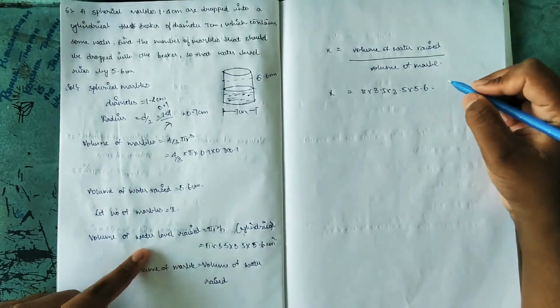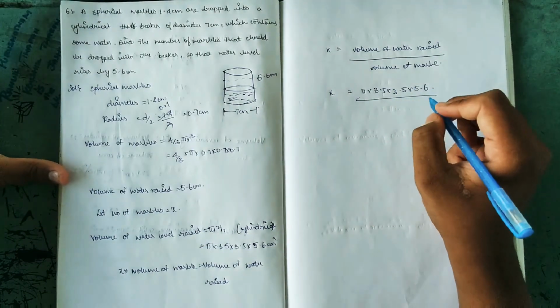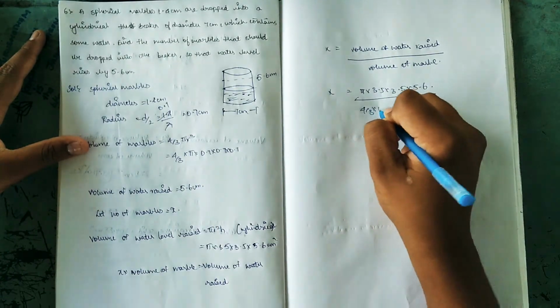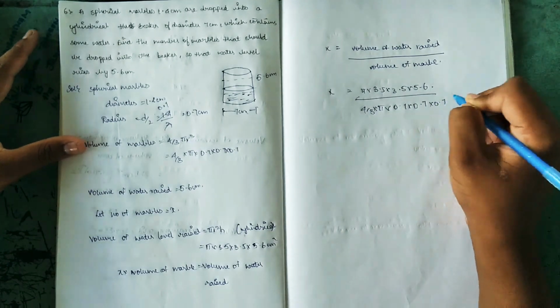The volume of a marble we have got: 4 by 3 into pi into 0.7 into 0.7 into 0.7.